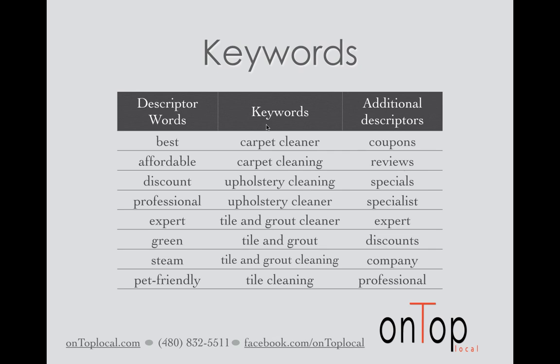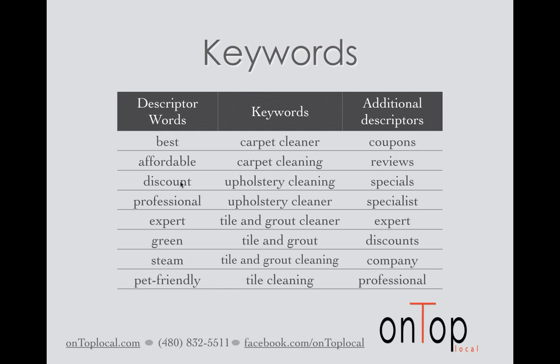So one title I use might just be a straight old carpet cleaner in my area. I'm in Gilbert, Arizona, so it might be carpet cleaning in Gilbert, Arizona. My next title might have descriptors on it. It might be best carpet cleaner in Gilbert, Arizona.